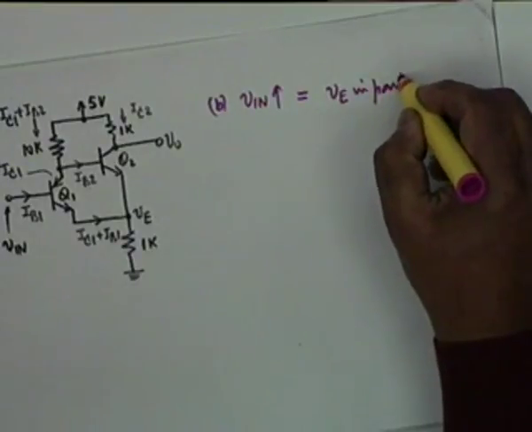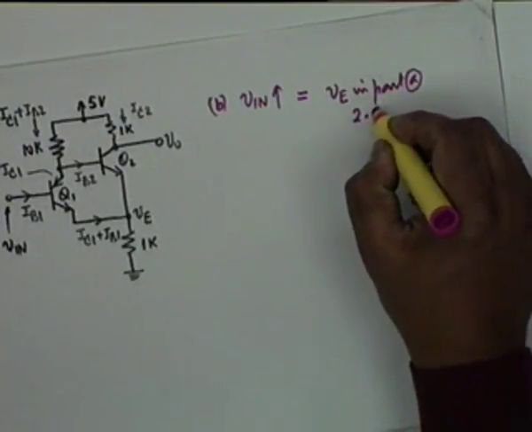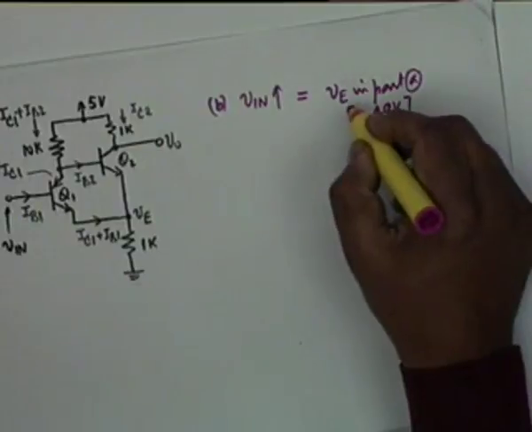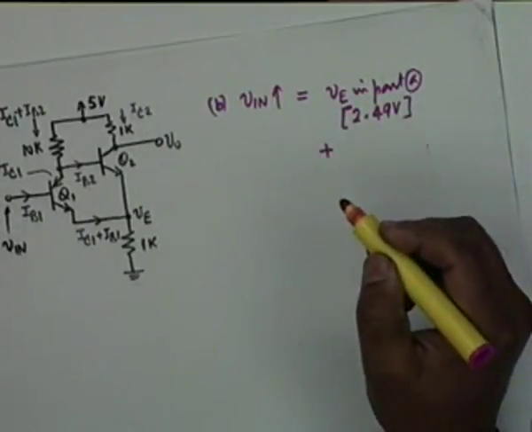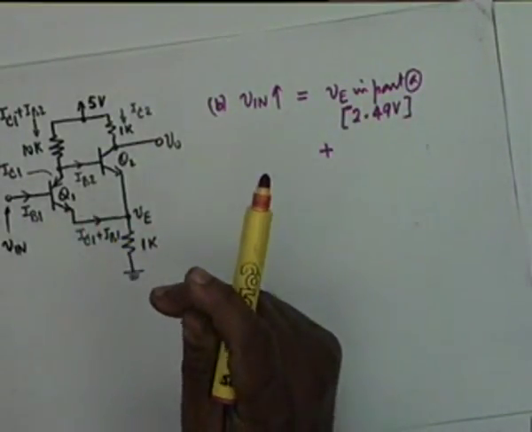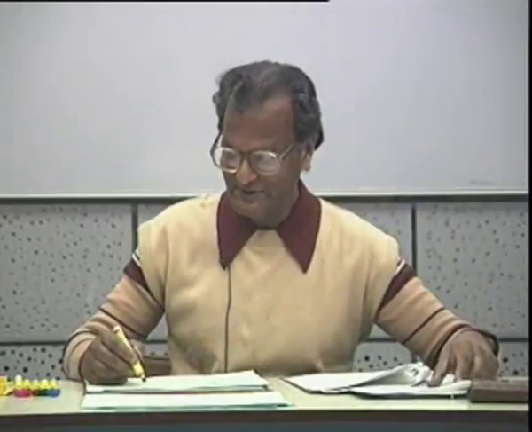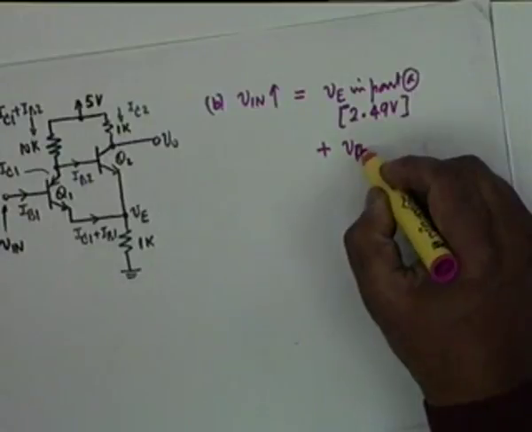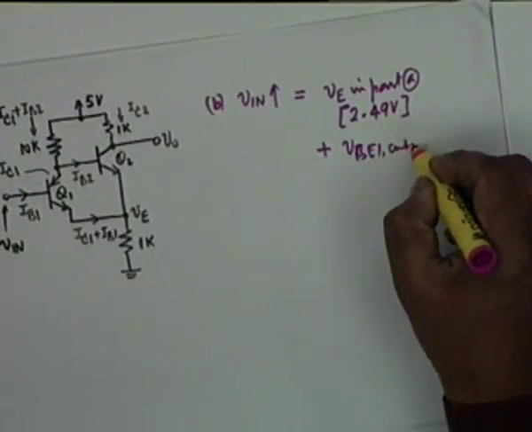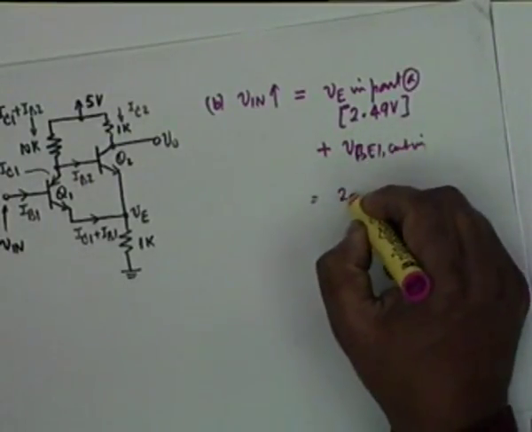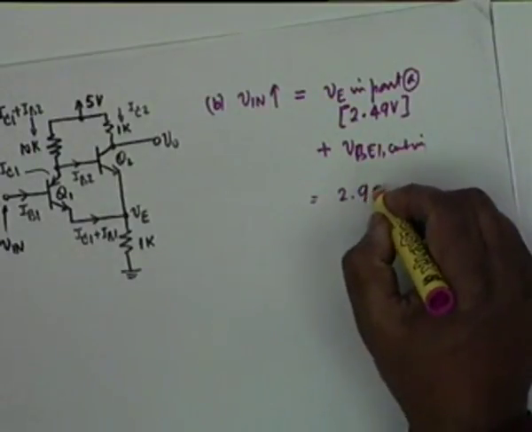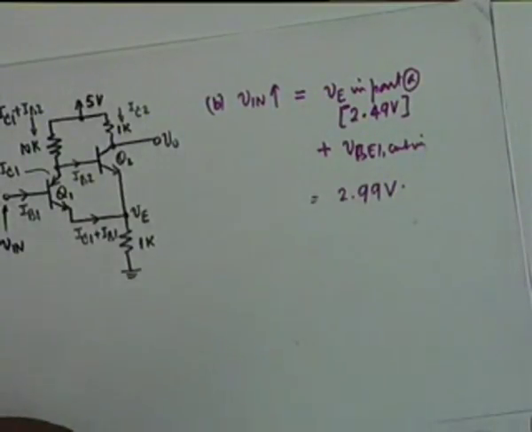What was this? 2.49 volt, plus how much do I need for conduction of Q1? 0.5, the cut-in VBE1. That means it is equal to 2.99 volt. So if Vin is increased gradually to 2.99 volt, then Q1 will start conducting.